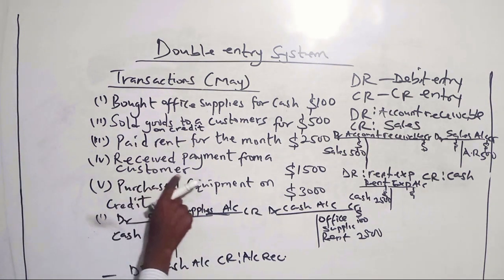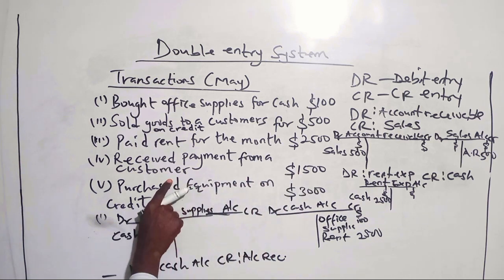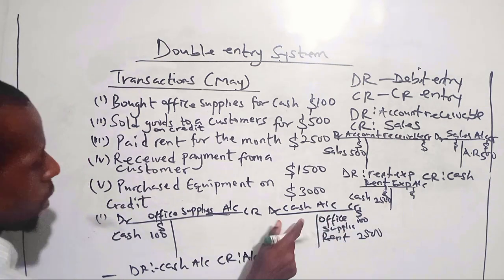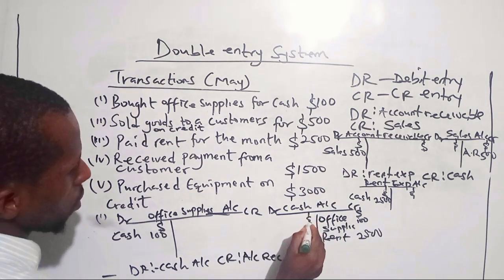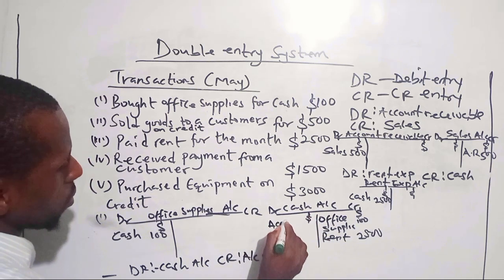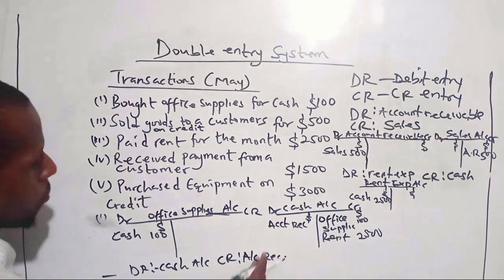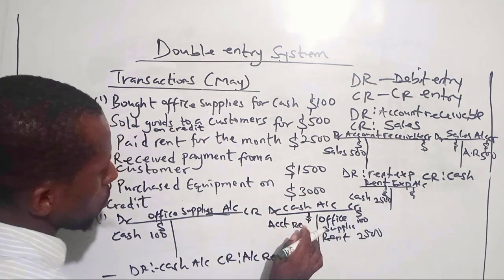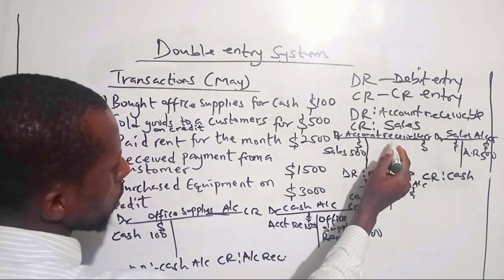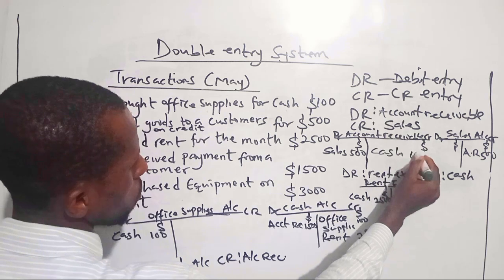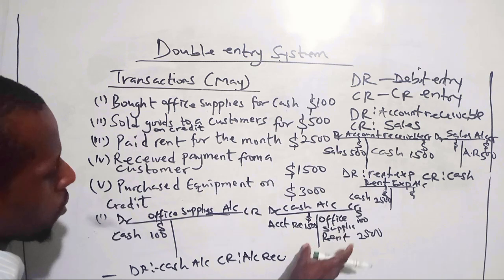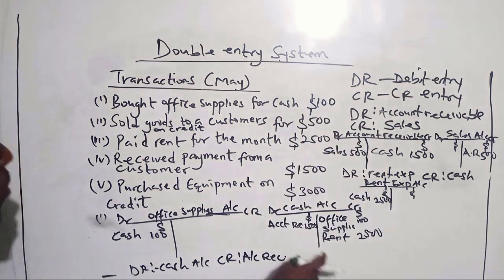Since we are receiving $1,500 from a customer, he is paying back his debt. So the debit is cash $1,500, and the corresponding credit comes to accounts receivable, $1,500. For every debit entry, there must be a corresponding credit entry.